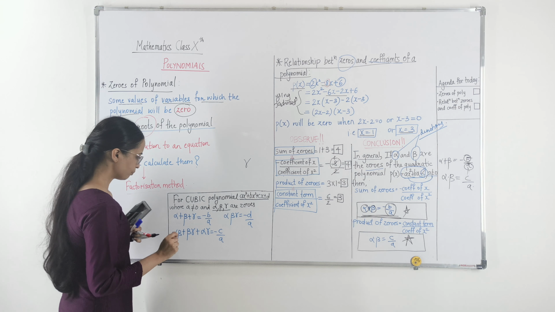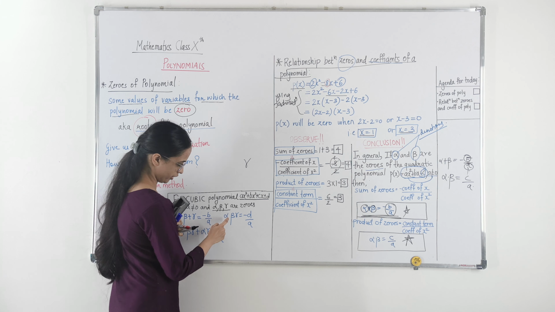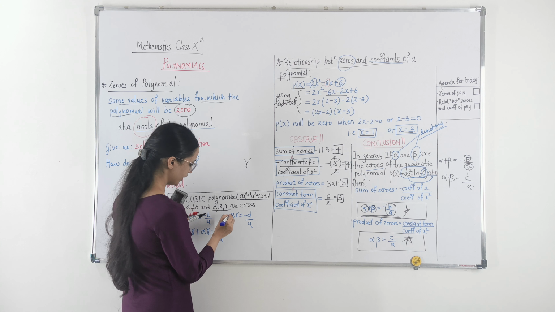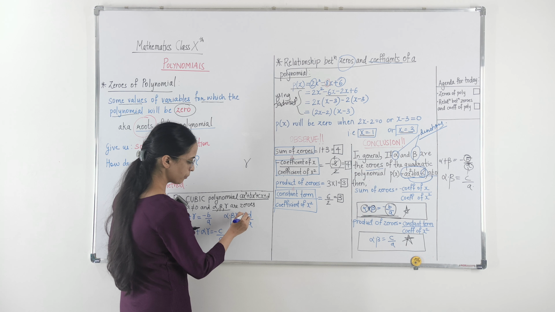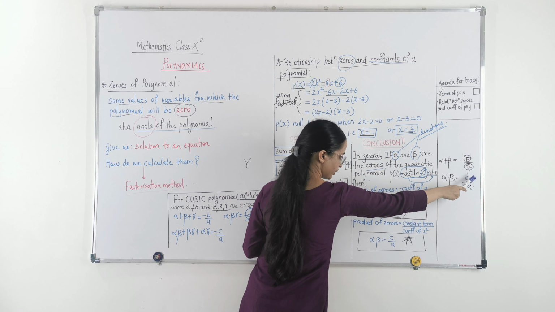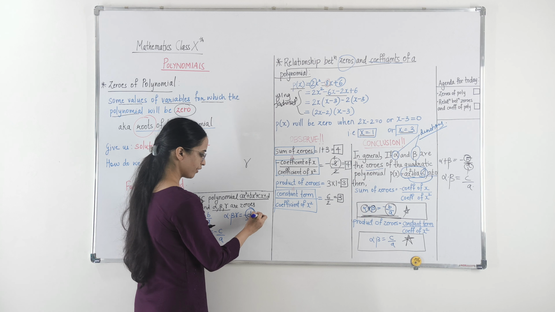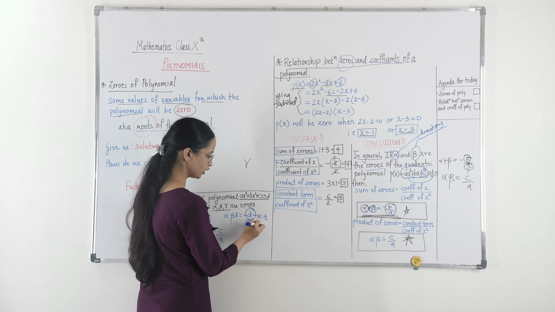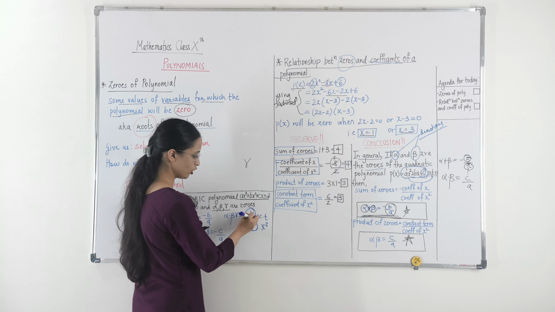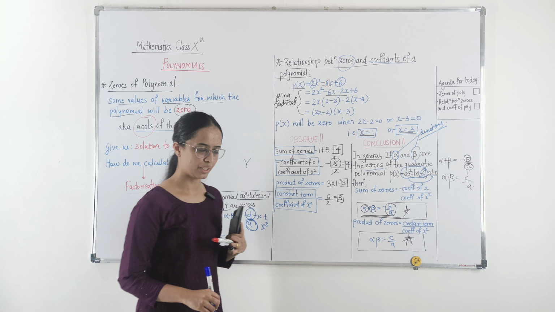So for the sum you would have minus b by a. For the product, alpha into beta into gamma would be equal to minus d by a. So just like over here we had the constant term upon the coefficient of x square, over here we would have the constant term upon the coefficient of x cube, because the denominator would have the coefficient of the highest power of the variable.